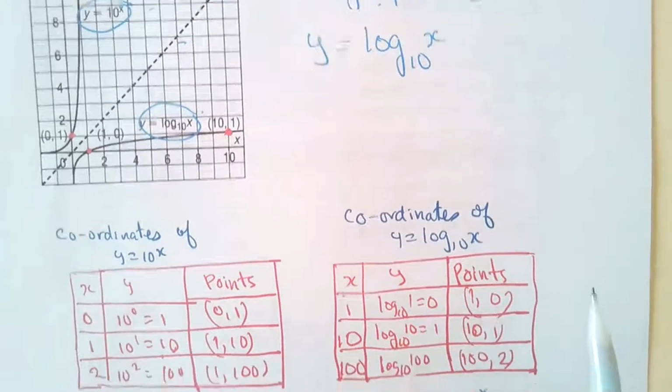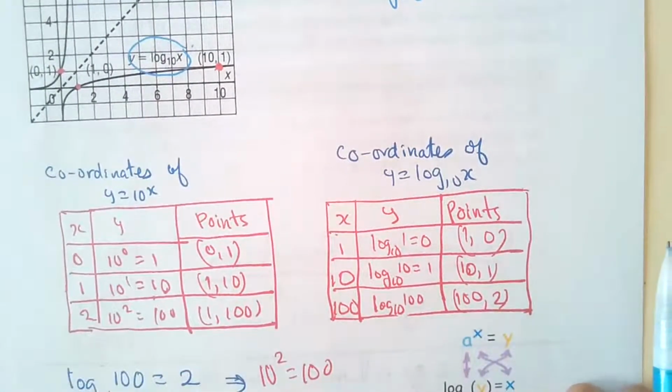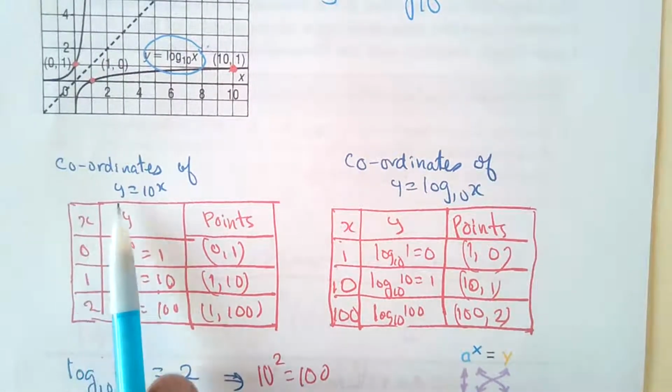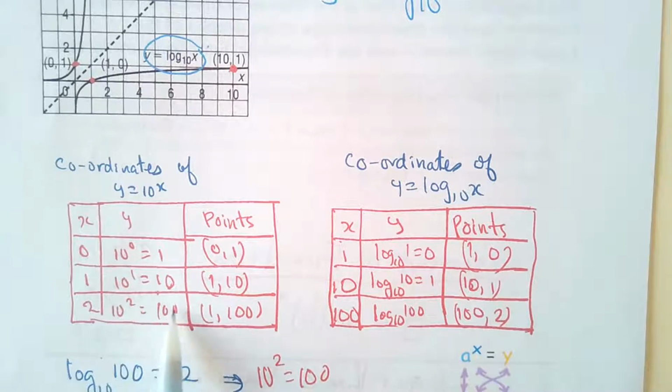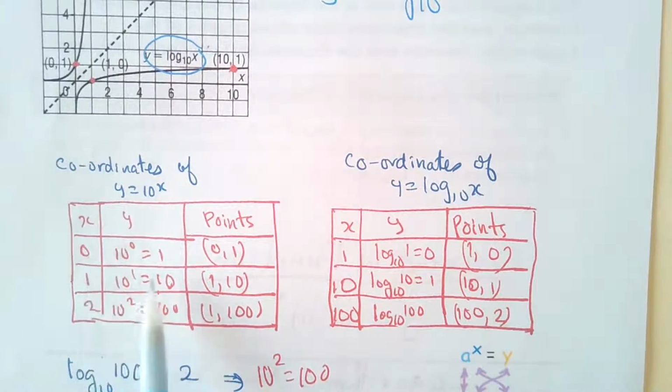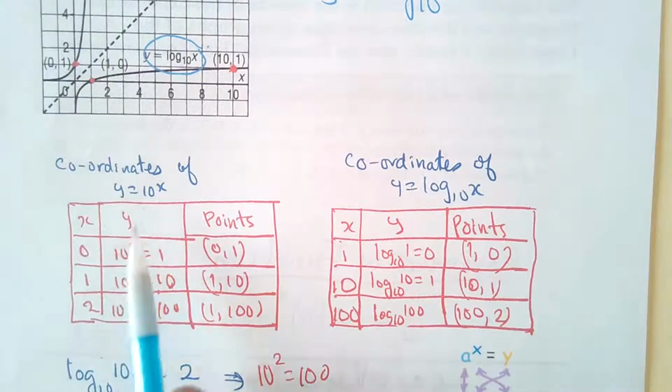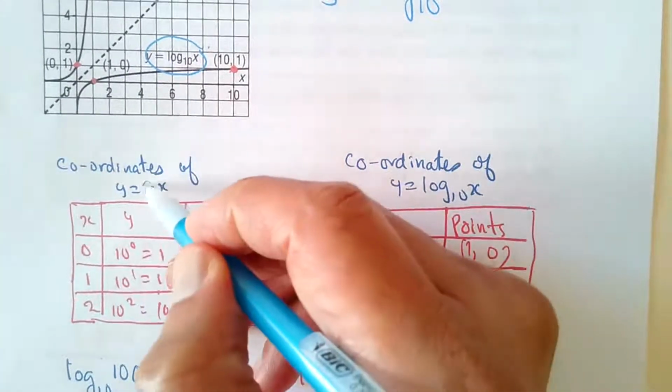If we look at the coordinates for each one, for y equal to 10 to the x, y is increasing by a multiple of 10.